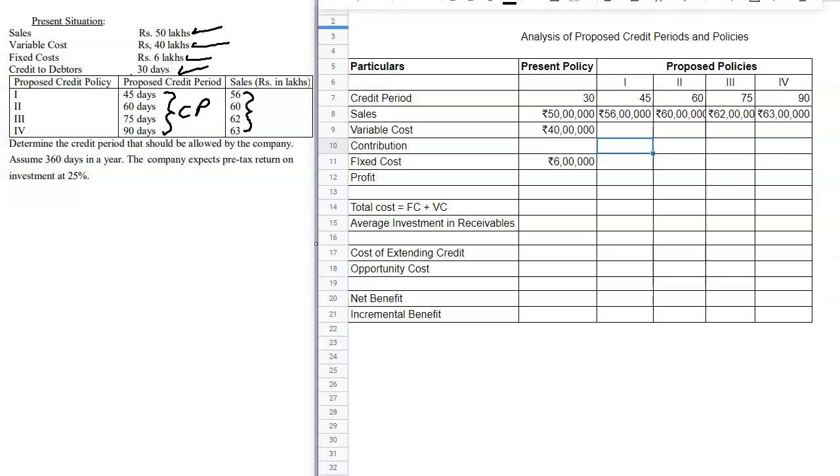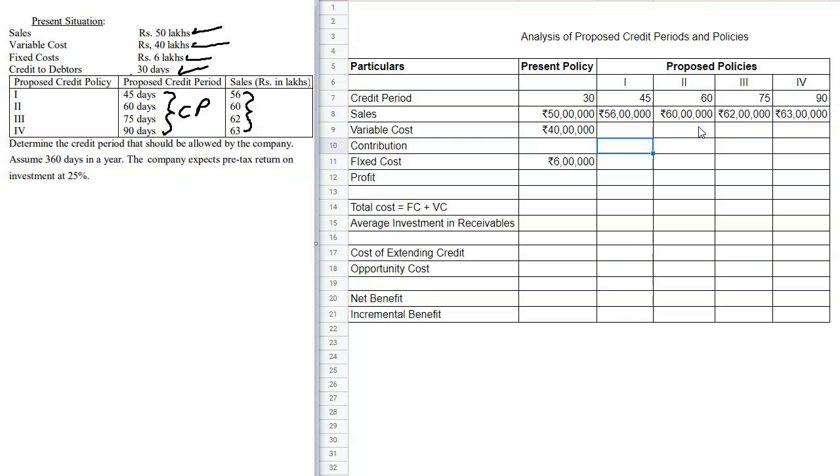And going forward, let me make a little more space. Now we have to keep in mind that the number of days is 360. So number of days being 360 means the total period is 360. And why am I taking 360?